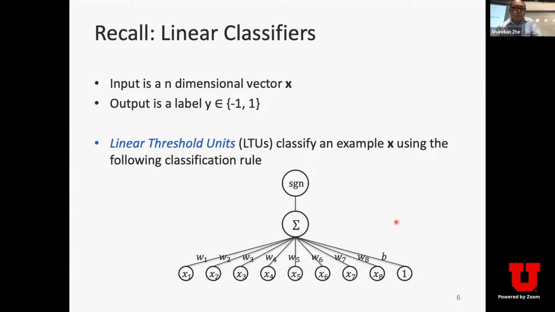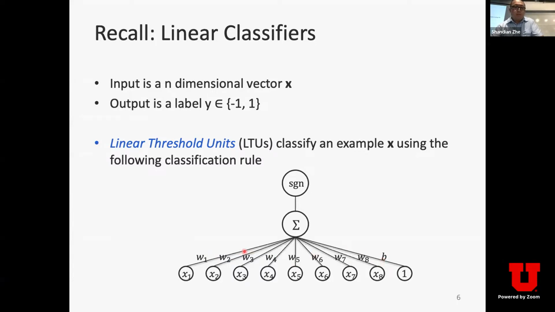And then we aggregate those feature information into some intermediate node. How can we do that? We connect every feature as well as this constant feature to this intermediate node. Attached to each edge is a weight. You can view all those weights on the edges as the model parameters.